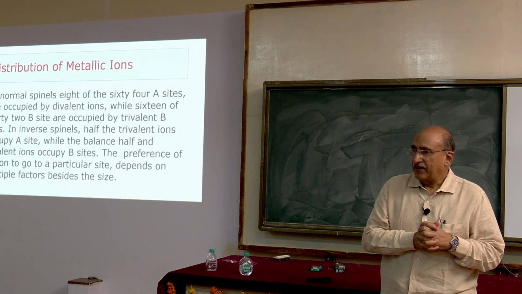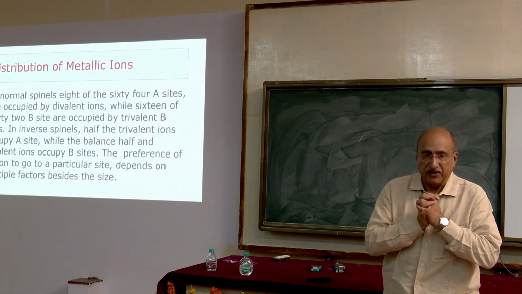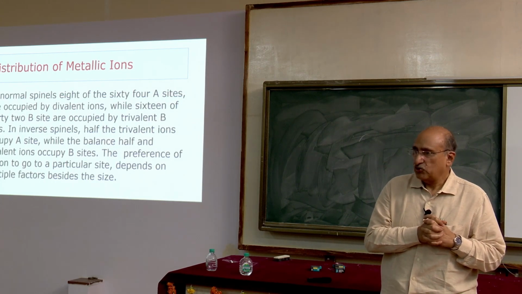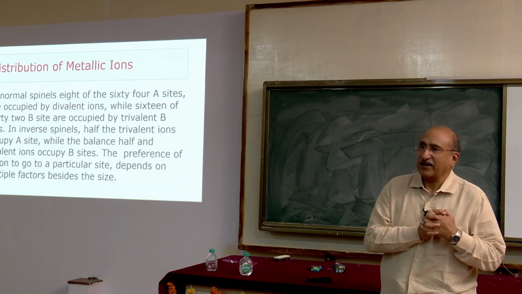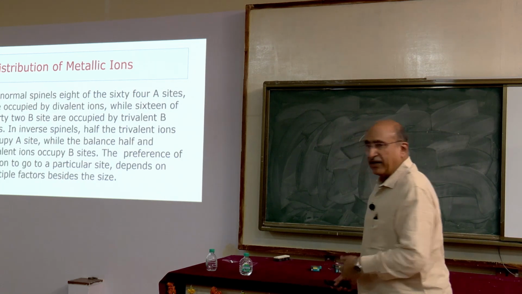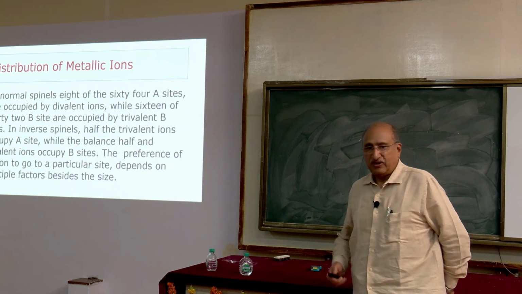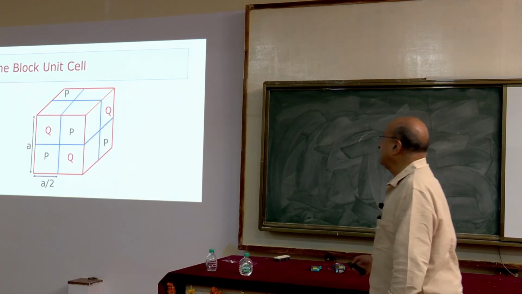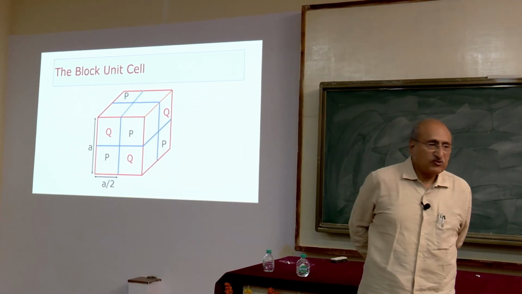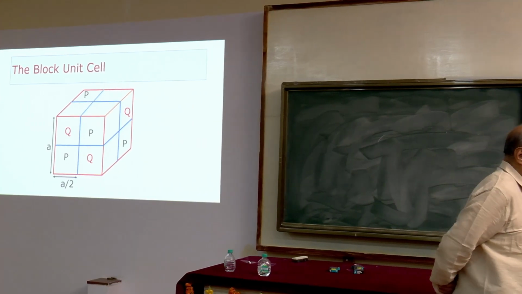But in that case, every spinel should be an inverse spinel. But it doesn't happen, so that's not the only criterion. There are other criteria. You look at this book, he has given varieties of things. Now, this is what I am calling a unit cell.